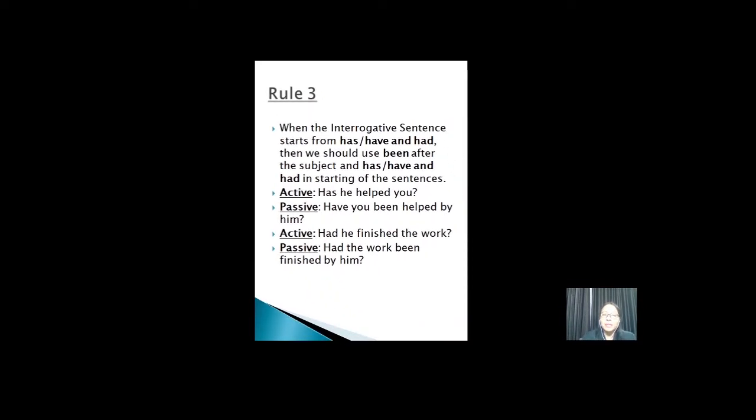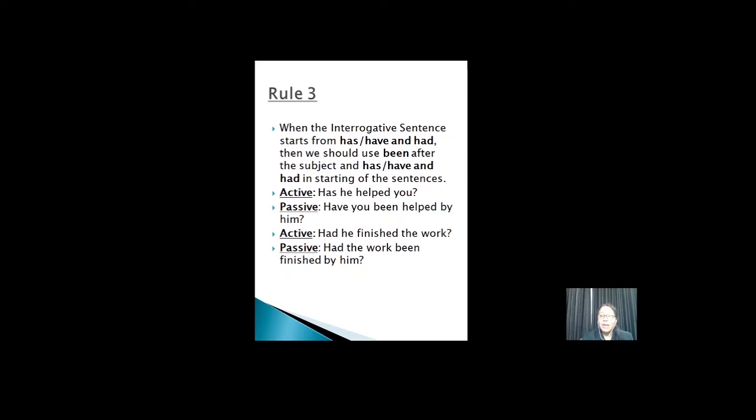Now, rule number 3. If an interrogative sentence starts with has, have, and had, it means this is perfect tense, present perfect tense and past perfect tense. Then we should use been after the subject, with has, have, and had at the start of the sentence. Active: Has he helped you?